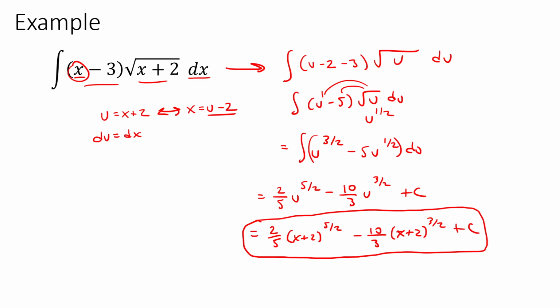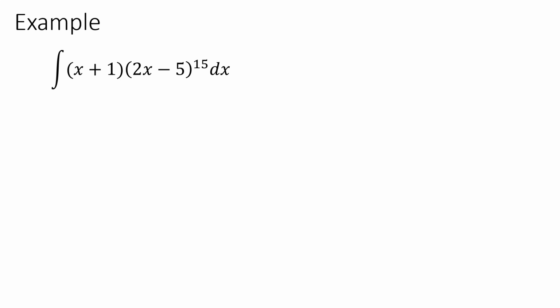All right, one final example here would be something like this. Now this looks kind of the same, and it is. We're just going to see it's a tiny bit more complicated. Okay, so I'll start by picking this because it's inside of the 15th power. Take my derivative. Now, careful, I get 2x, right?